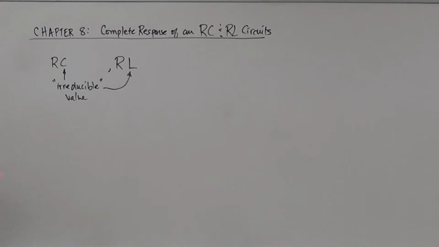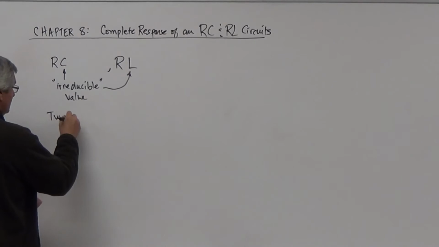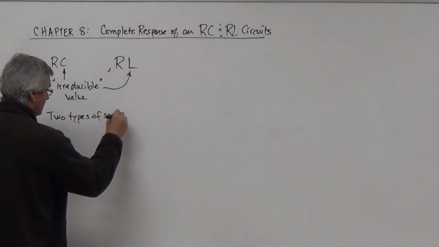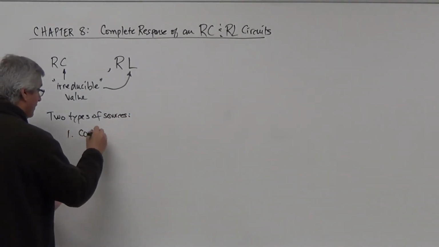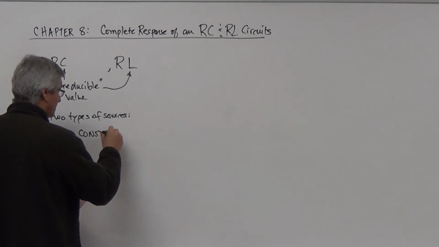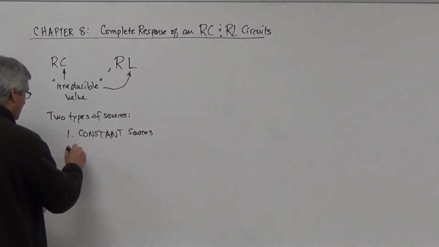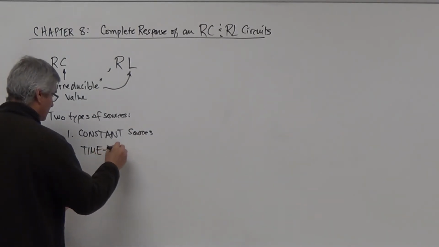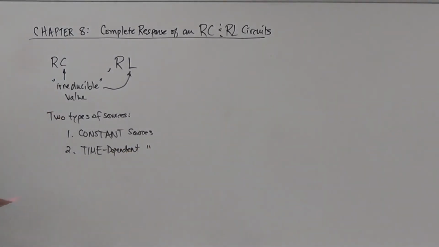Then we also just mentioned here that there are going to be two types of sources. One, we're going to have constant sources. And then the other one is going to be time dependent. And they're two different techniques.